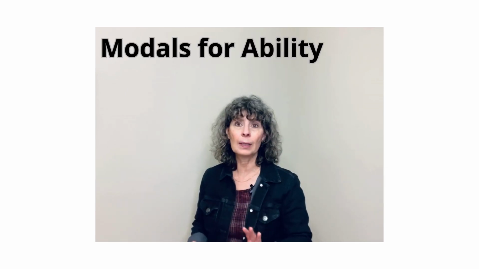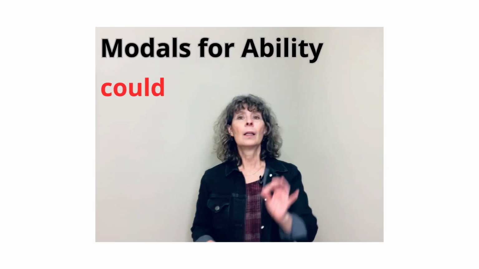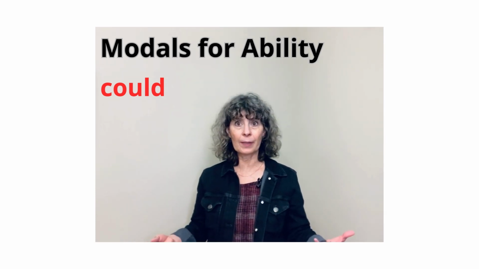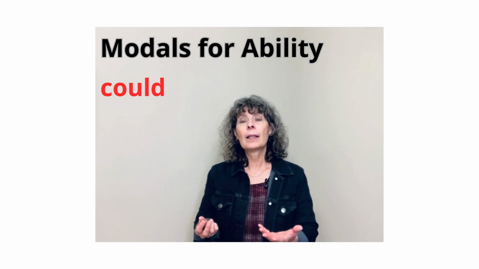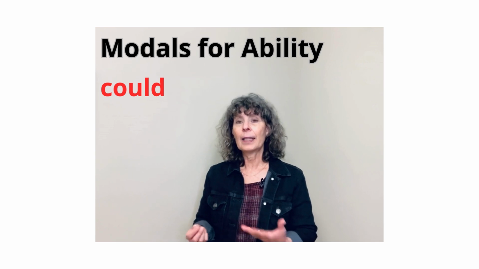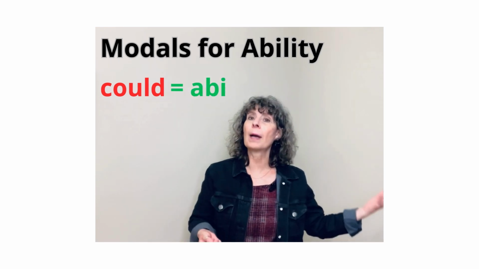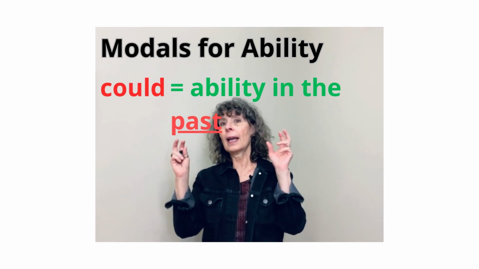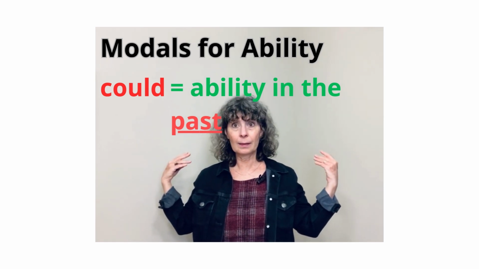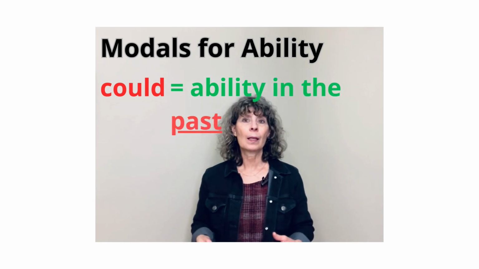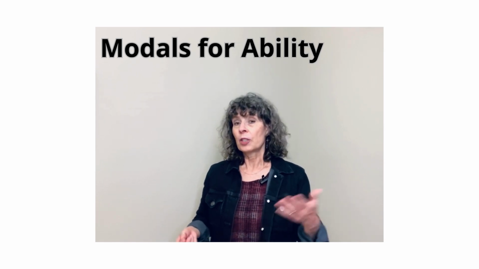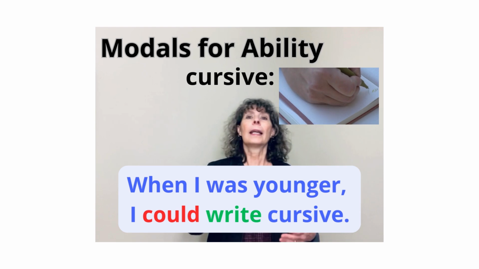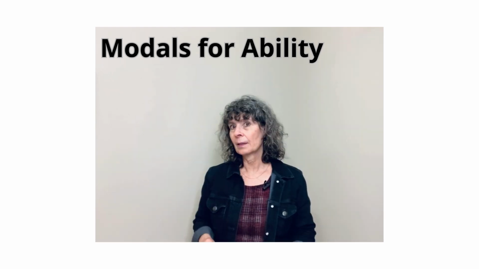For example, let's look at could. So could, again in the sense of the ability to do something, is something that a person had the ability to do in the past. So could is basically can in the past. For example, when I was much younger, I could write in cursive script.